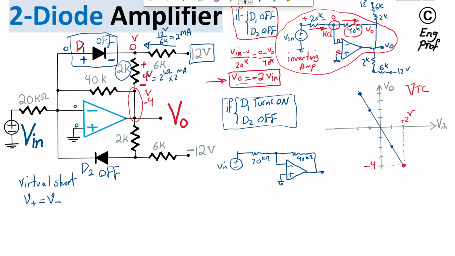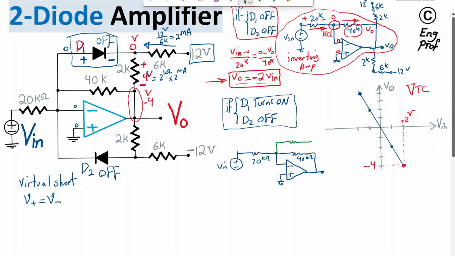When the ideal diode D1 is on, it connects the inverting terminal of the op-amp to the point I'm highlighting. This point gets shorted via the diode to this point. As a result, this 2K resistor will be in parallel with the 40K resistor, as long as D1 is on.